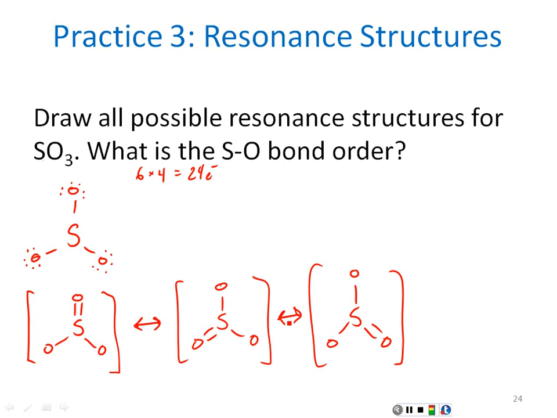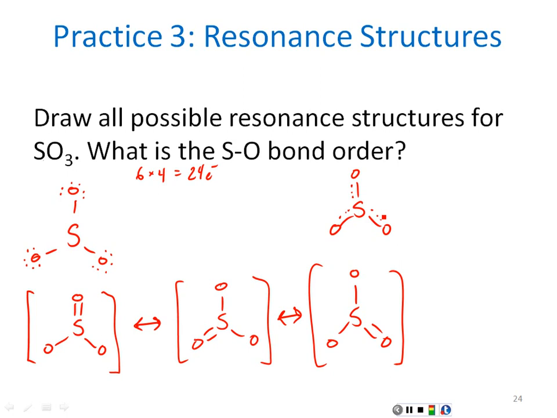And that would be the correct way to show the resonance structures for a molecule. Another way you could show this would be with dashed lines to show the delocalization over the entire molecule.